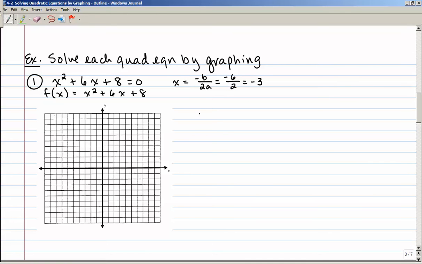So when I go to make my table of values, negative 3 will be my middle value, and I'm going to choose 2 smaller and 2 larger. And why don't we just go ahead and use our calculator to do this for us?